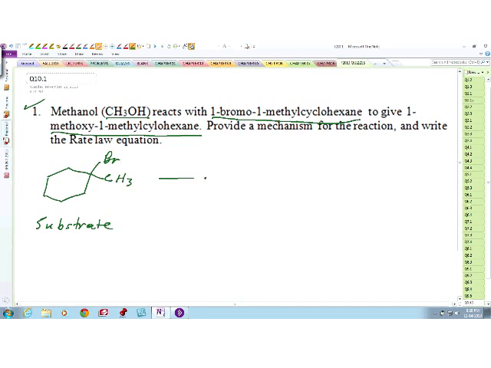And then the reagent is methanol. And the product is this here: 1-methoxy-1-methylcyclohexane.